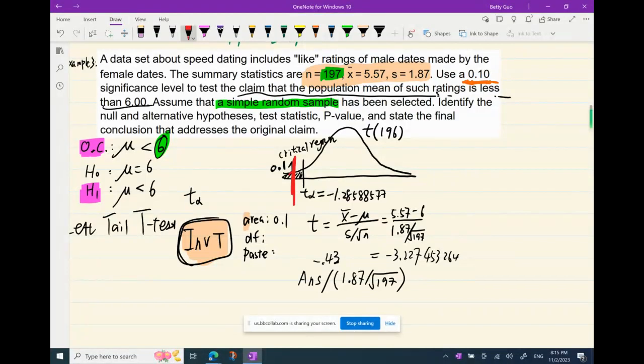Because the test statistic falls in the critical region, that means the rare event occurs. I was guessing it's probably because 10% is so large. So the rare event occurs. That means our assumption that the null is true is false. So we decide to reject the null.